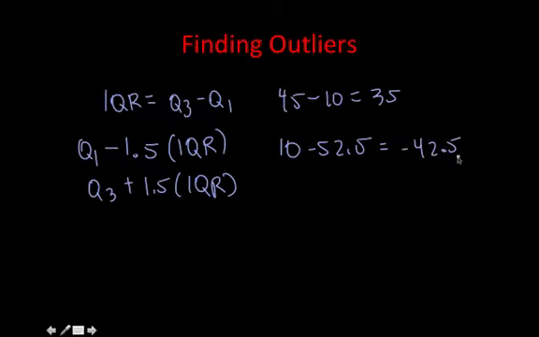So I definitely know there's not an outlier, since there weren't any negative numbers in the bottom part of the data. Then for Q3, we take 45 and add 52.5. That's going to be really big, 97.5. And there weren't any numbers greater than that either. So this set of data didn't have any outliers.